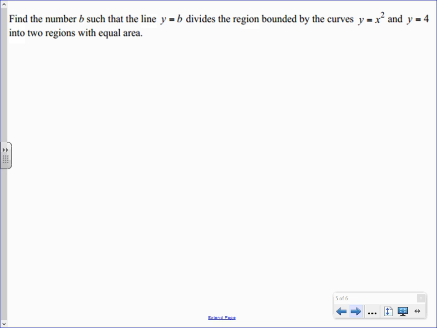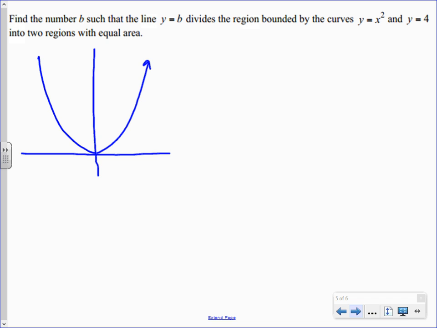Let's first just draw a picture. Do we know what y equals x squared looks like? And we know what y equals 4 looks like. And I'm actually going to get rid of this right now.